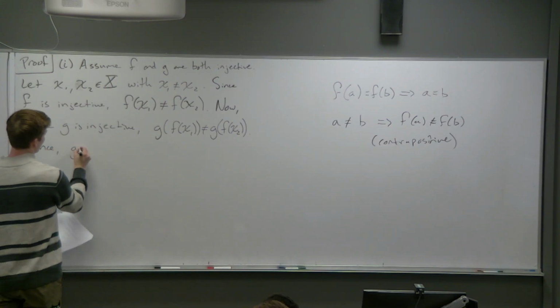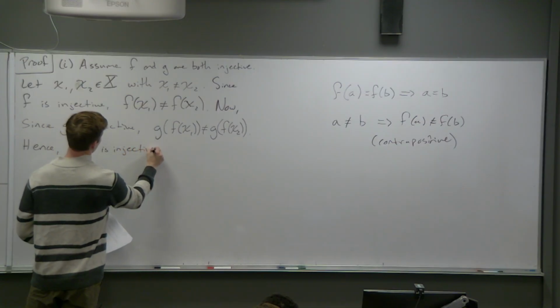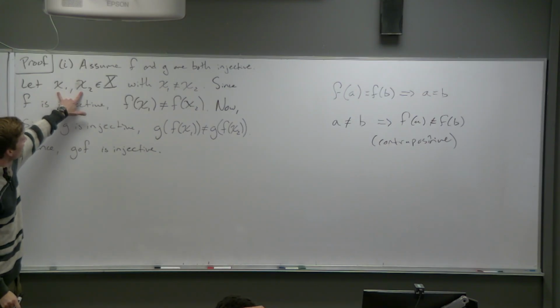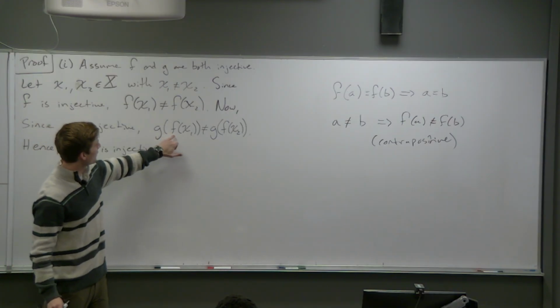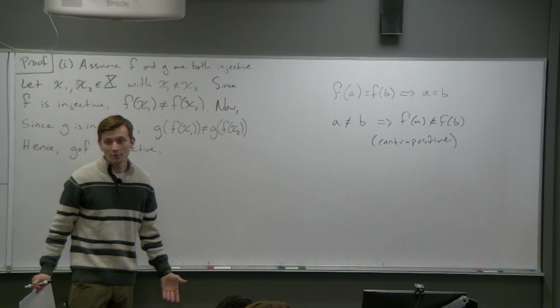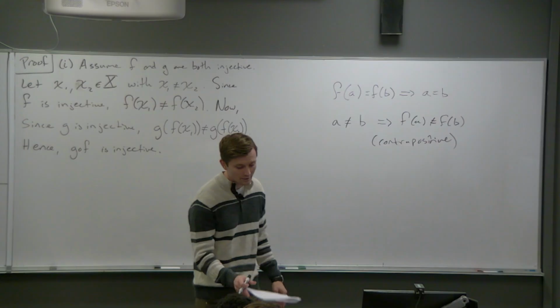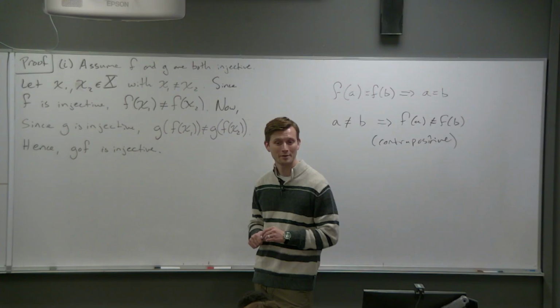Hence, g composed with f is injective. That is, through this chain of reasoning, we've said, look, if you have two elements of X that are not equal, then g of f of those elements are also not equal. Yeah? It never sends distinct things to the same thing. Reasonable?